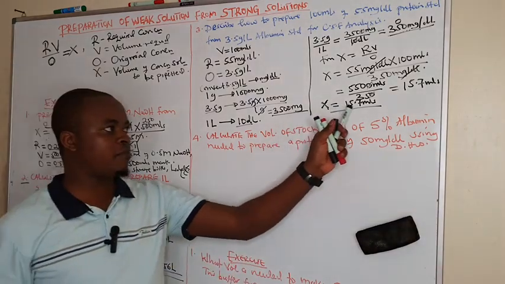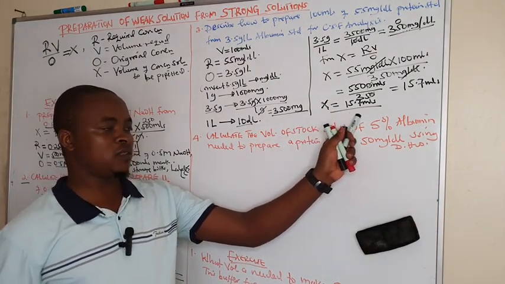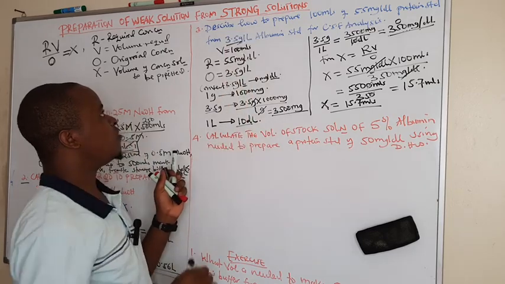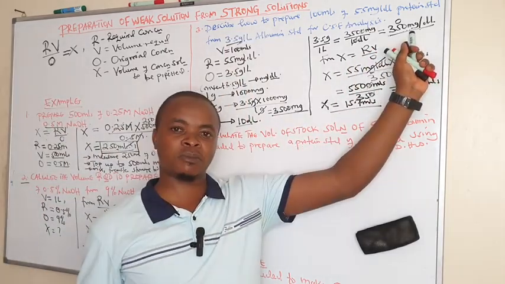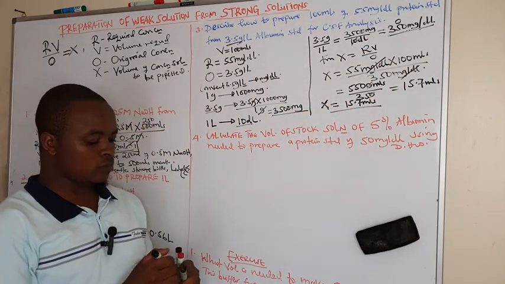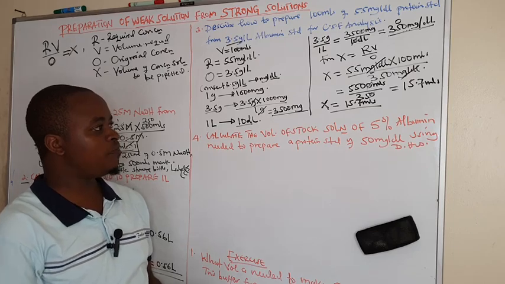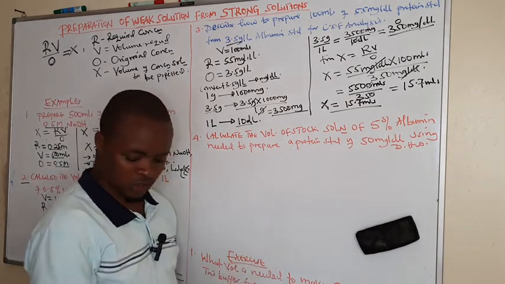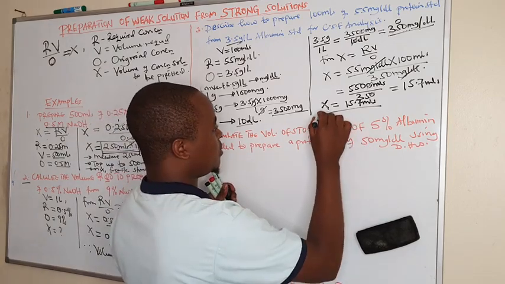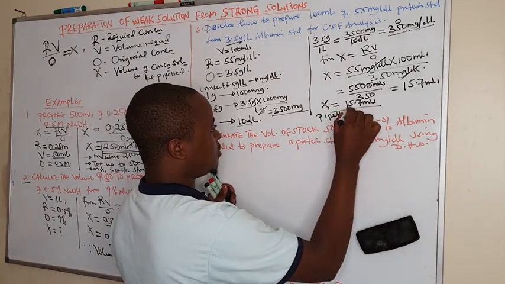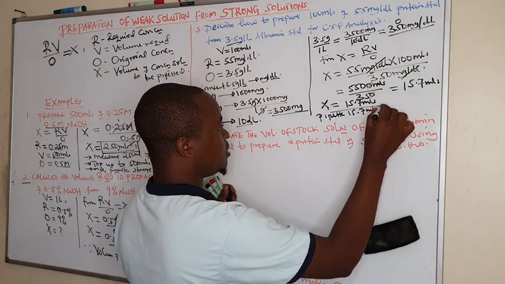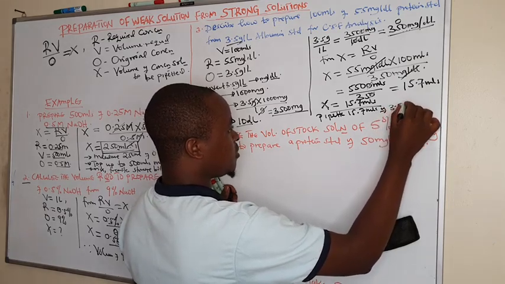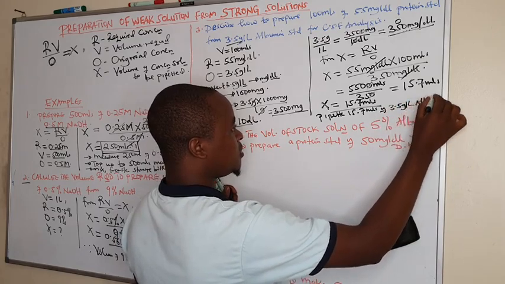So after calculating the amount of albumin standard, 3.5 grams per liter, which is 350 milligrams per deciliter, we are going to measure, or pipette, 15.7 mils of the 3.5 grams per liter albumin standard.